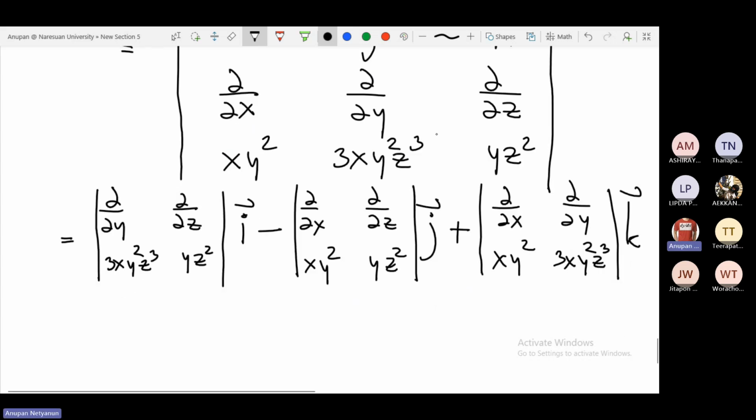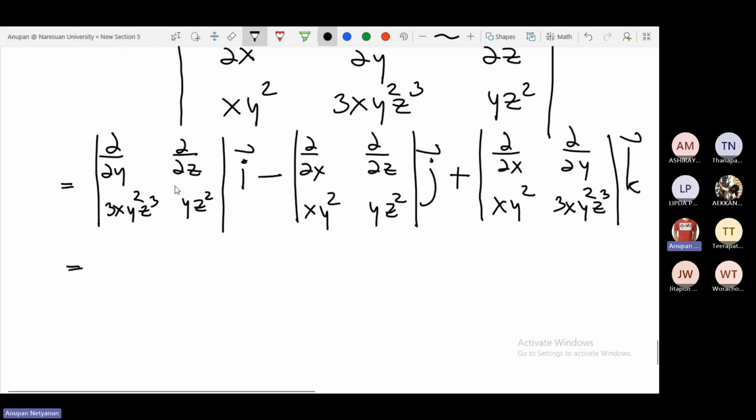Okay. Then find the determinant of this. Multiply this going down, right? Positive. So you have partial by partial y of yz squared. And then multiply this, you have negative, right? Let me write this in the front. You have partial by partial z of this guy, the 3xy squared z cubed. Okay.